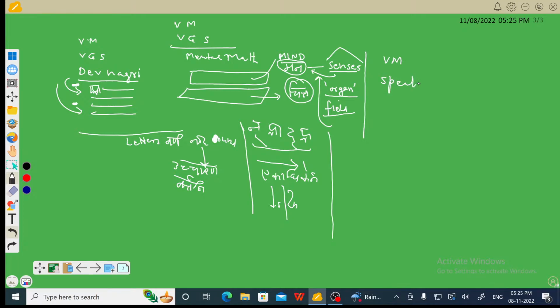From this speaking language we reach numbers, from numbers we reach geometry, and then we reach algebra, which is called equations.